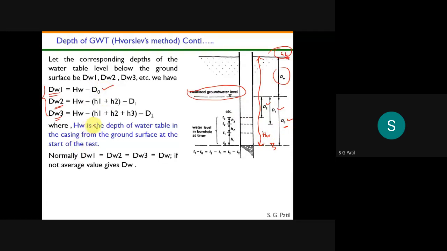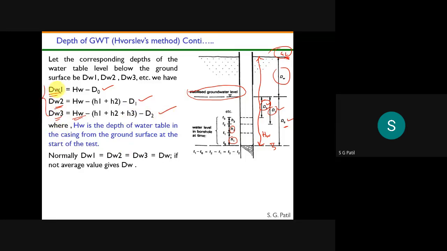Similarly, for the second observation, again HW minus H1 minus H2 minus D1, I will get DW2. And for the third observation, HW minus H1 plus H2 plus H3 minus D2, I will get my DW3.